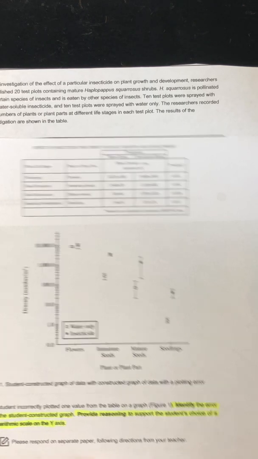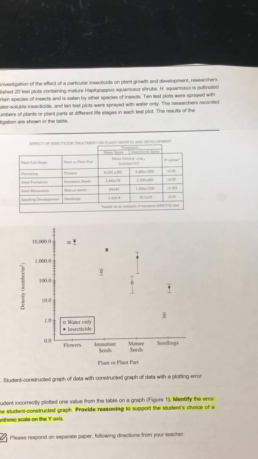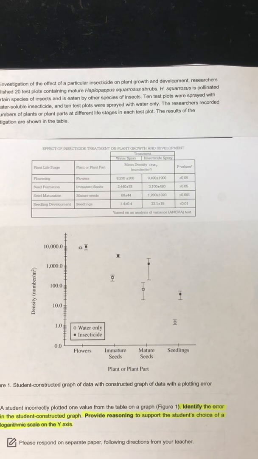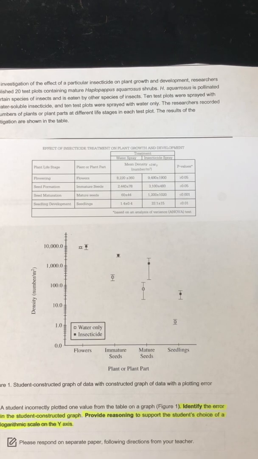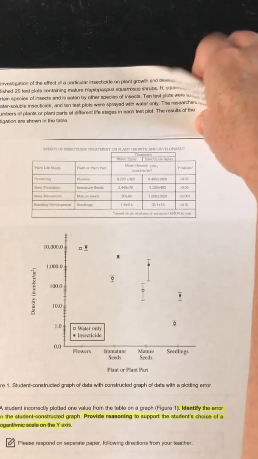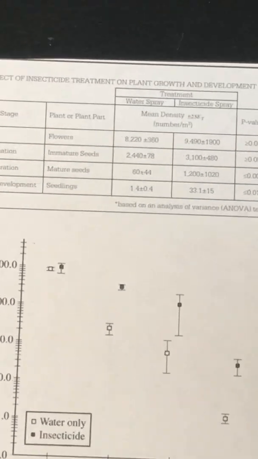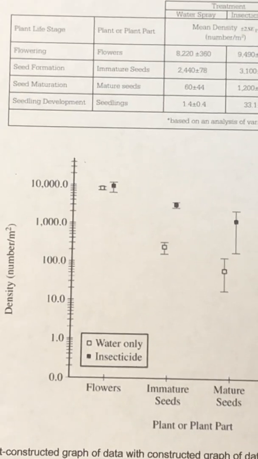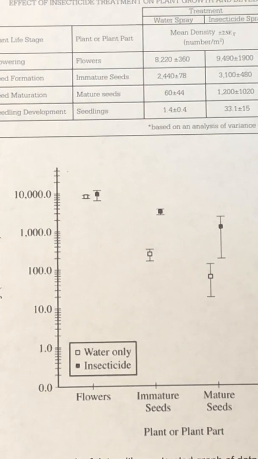So it says identify the error and provide reasoning to support why the student chose to do a logarithmic scale on the y-axis. Okay, so it's 2 parts. The first part, let me zoom in, is where were they wrong?